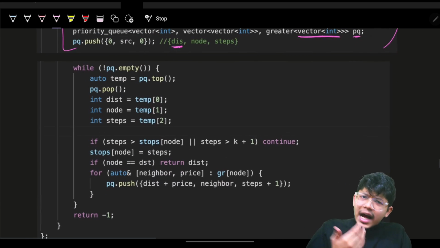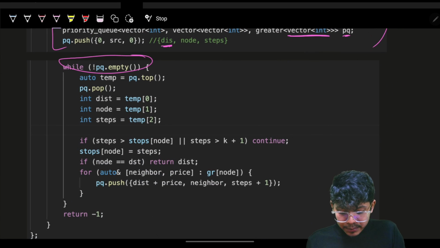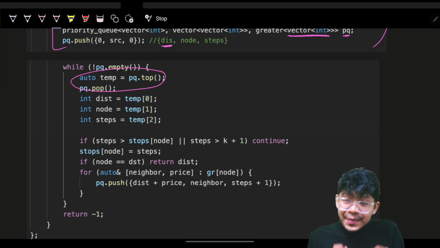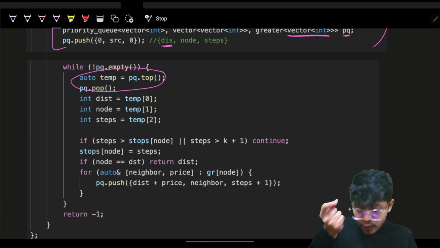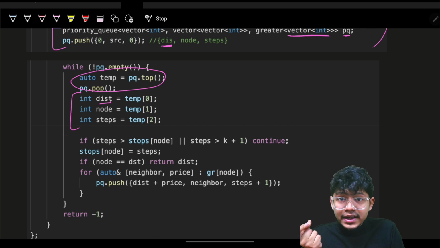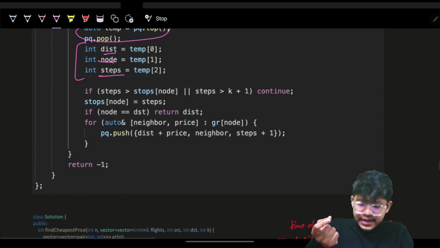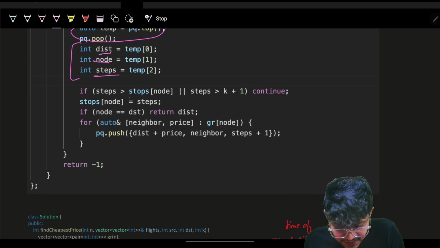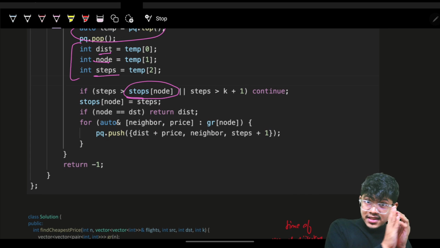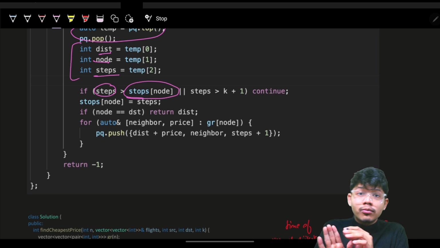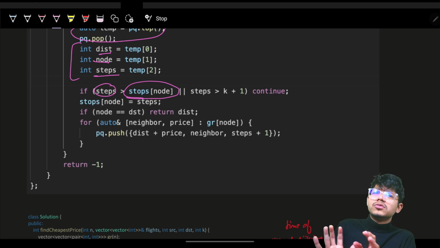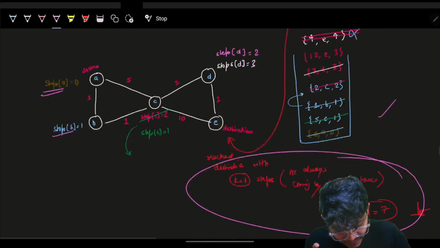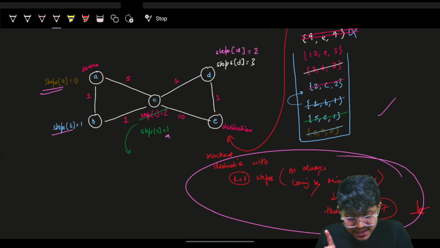Now I'll do the exact same stuff. While my priority queue is not empty, grab the top, which means the minimum distance element from the priority queue. Get the distance of that element, get the node, get the steps, and then compare with the existing steps. If my steps are more, there's no point, because you saw that I will override only when the steps are less.